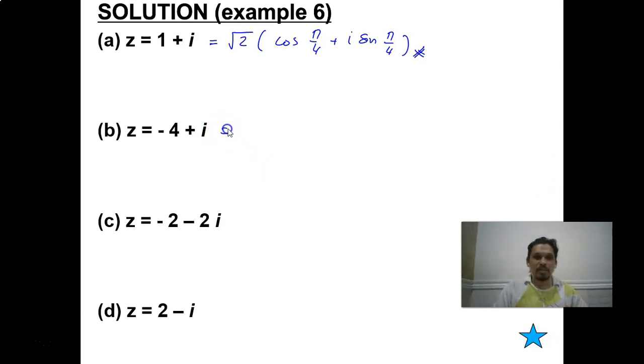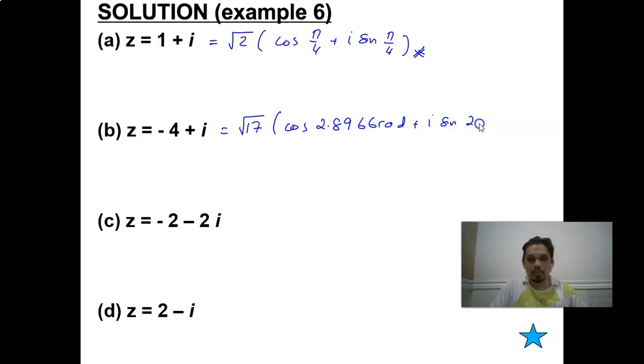Okay, what about this one here? It is square root of 17, cos 2.8966 radian plus i sine 2.8966 radian.